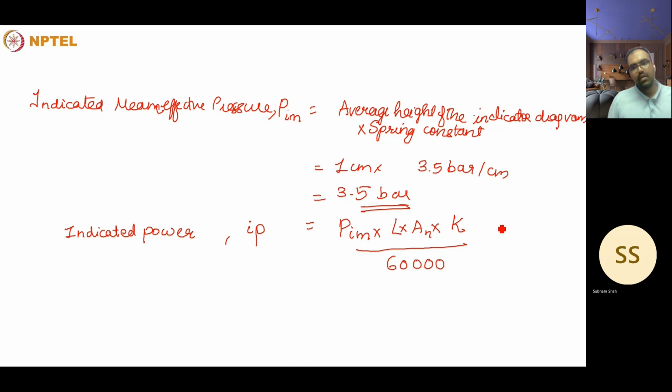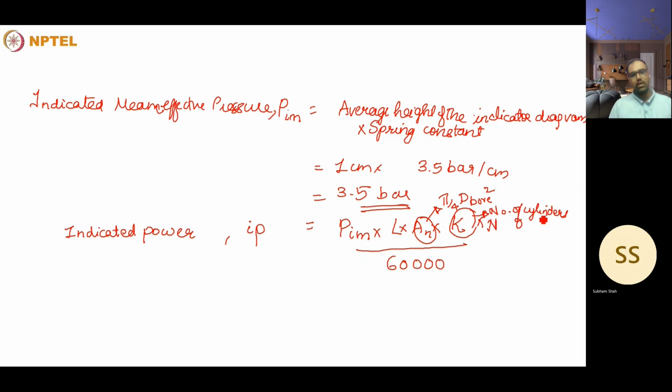In the case of a two-stroke engine, K is the number of cylinders, and it will be the bore cross-sectional area, pi by 4 into d bore squared, multiplied by the RPM n.